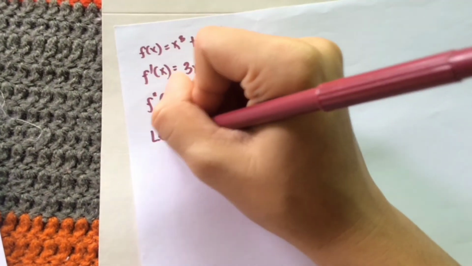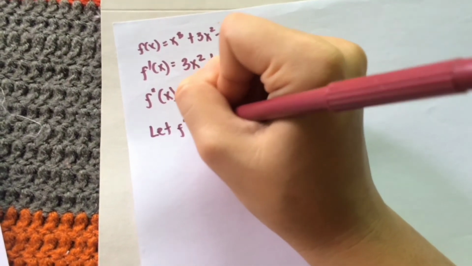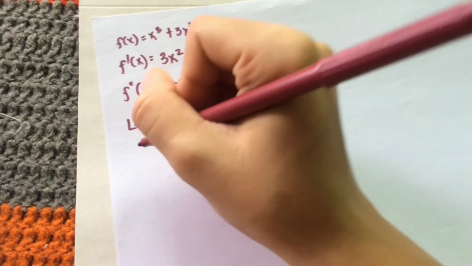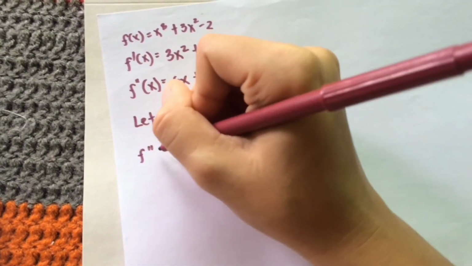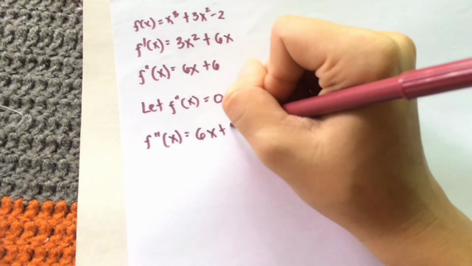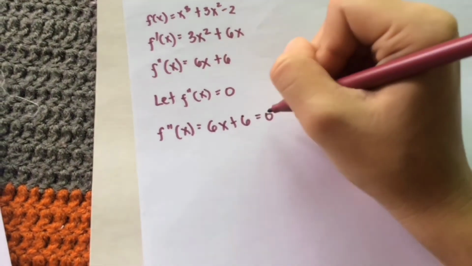Then let the second derivative equal 0. 6x plus 6 is equal to 0.